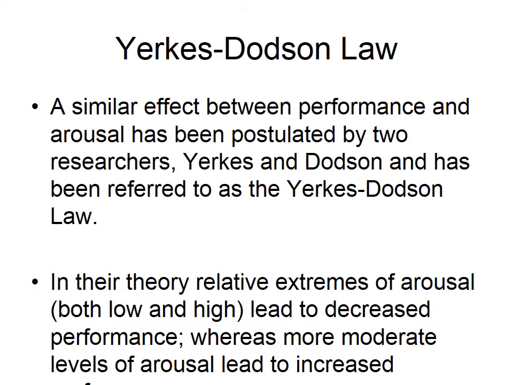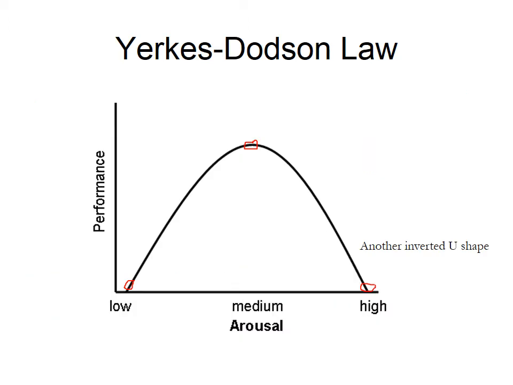Another famous example of a non-straight line relationship is the Yerkes-Dodson law, and this is as people become more aroused or more anxious, they have declines. Let me show you this in a graphical format. If you're really not aroused or you have no anxiety, you're almost asleep, your performance will be very sleepy or lackadaisical.